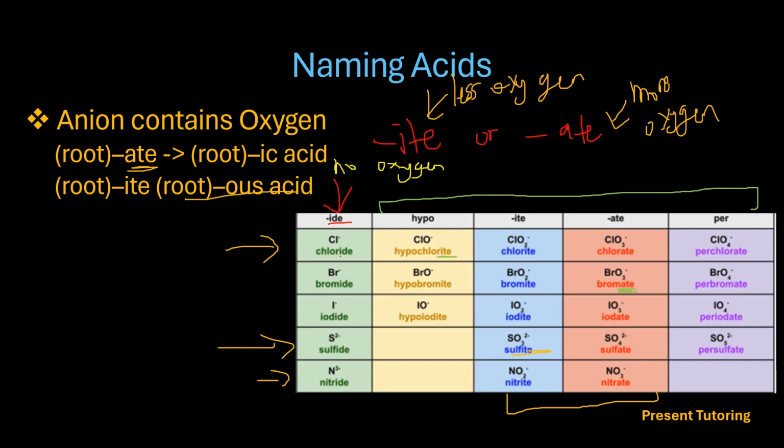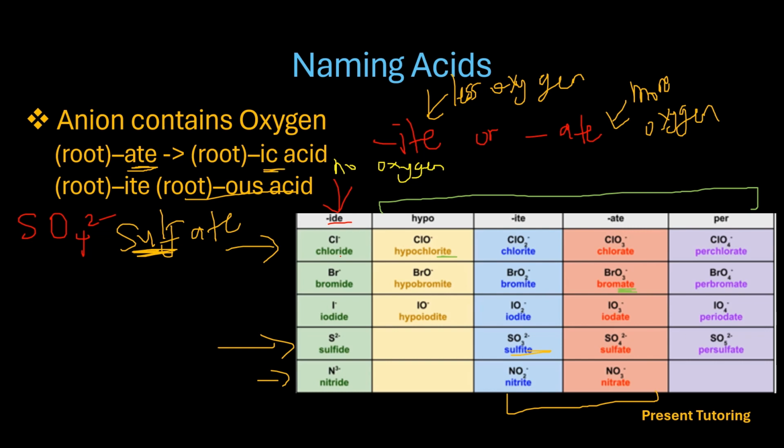Let's say the anion involved in the acid is SO4 2 minus. If we check our chart, SO4 2 minus is sulfate. So that means we're going to keep the root, and if we want to name the corresponding acid, we're going to call it sulfuric acid.